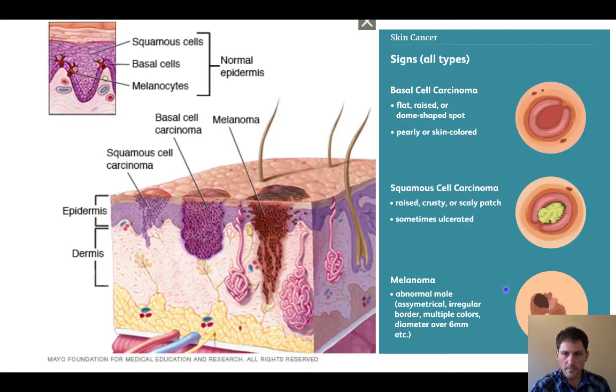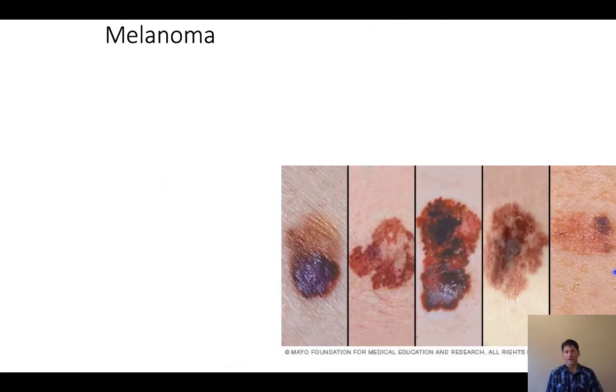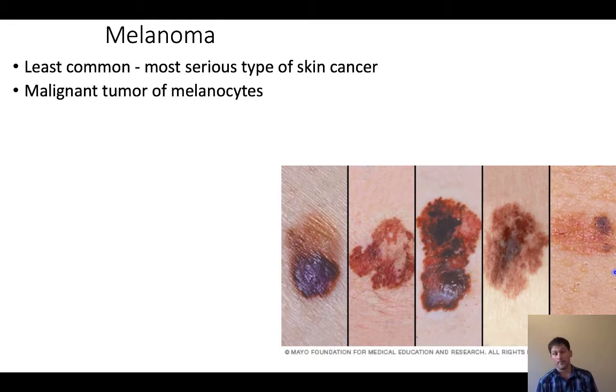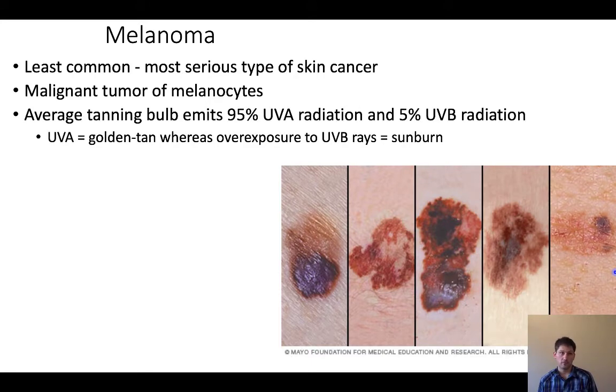And last, melanoma is that abnormal mole that we generally think about changing shape or monitoring. Melanoma is our least common type of skin cancer, but it's the most serious type. So we often get malignant tumors from the melanocytes.